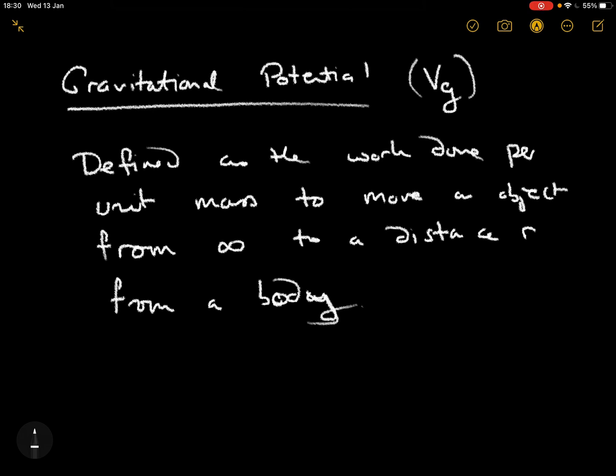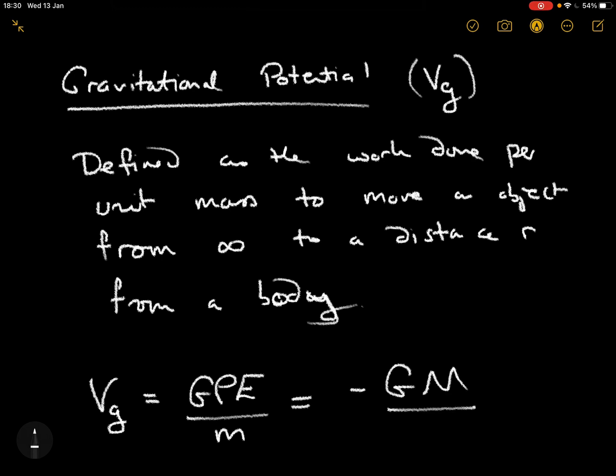And because it's the work done per unit mass, and the work done is the GPE, the gravitational potential is GPE over m. So what you end up with is minus GM over r.